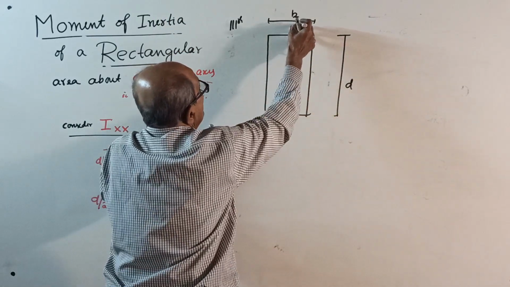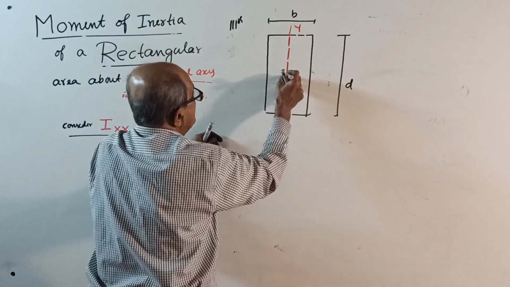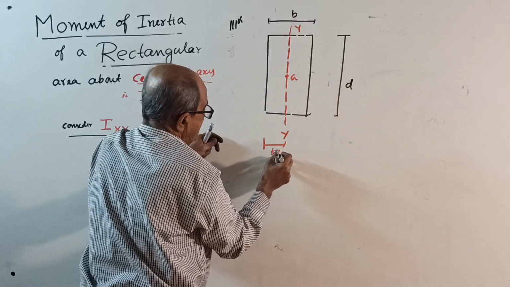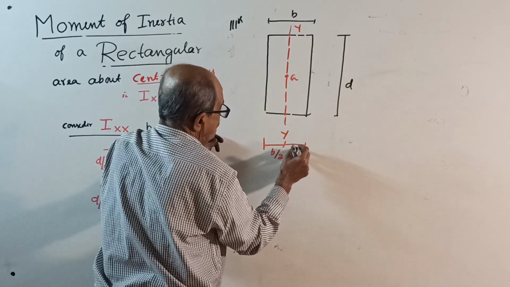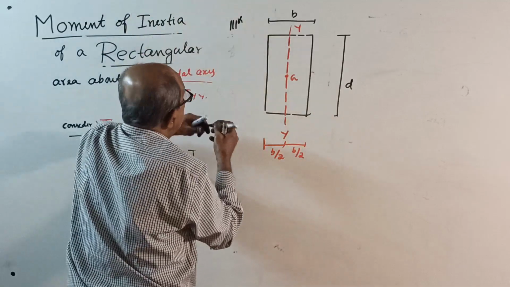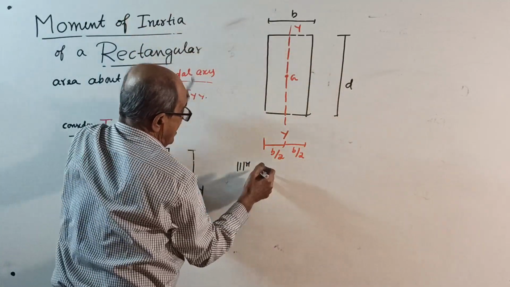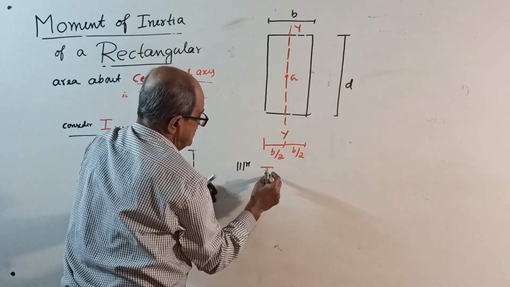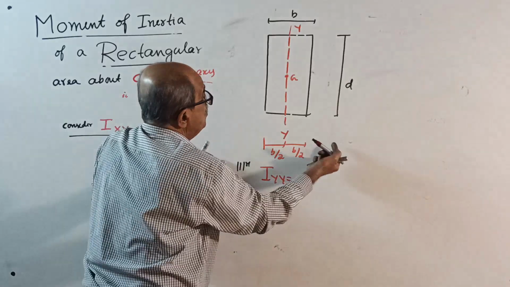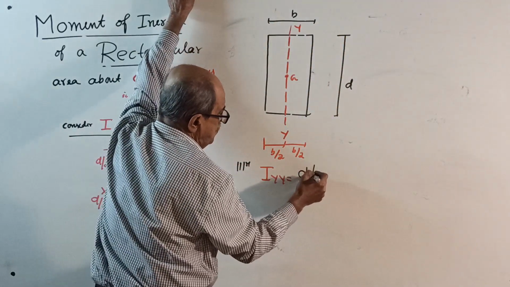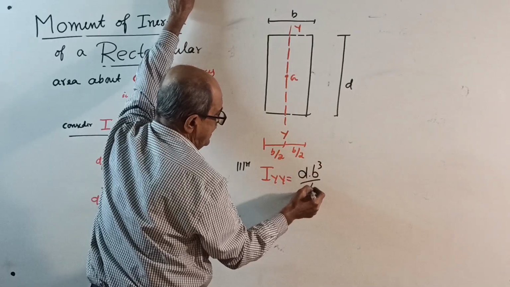Now, this is centroid G. See, this will be B by 2, this will be B by 2. You can write similarly, I about YY equals D into B cube divided by 12.